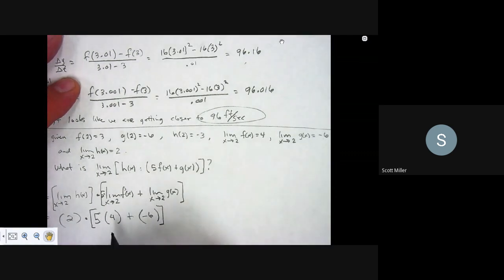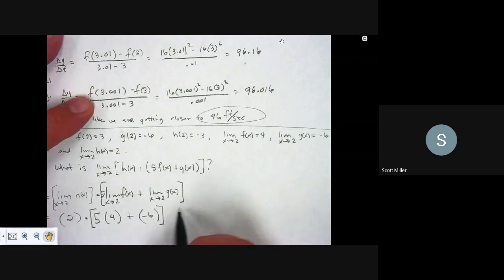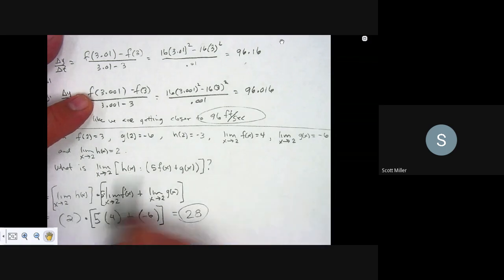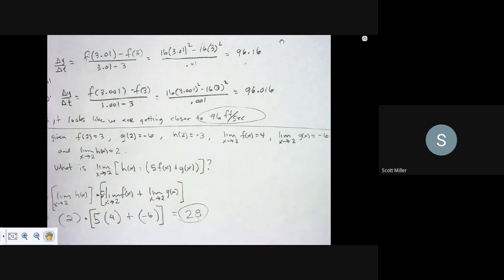And then we work all this out, and you see this is going to be 20 minus 6, and then times 2, and you're going to get 28. So this limit right here is 28, based off of these values up here.